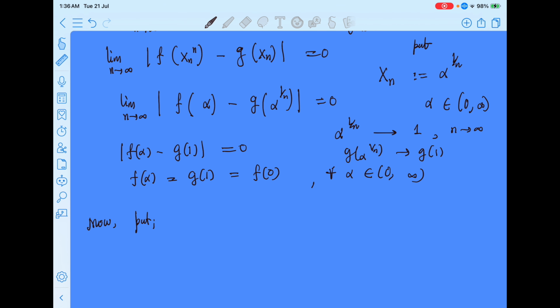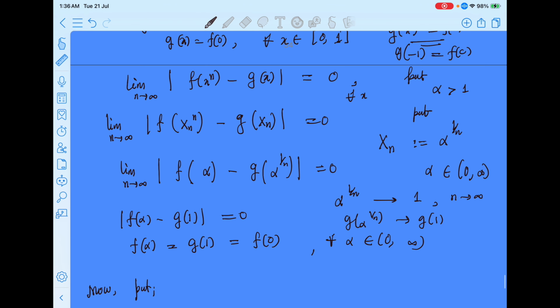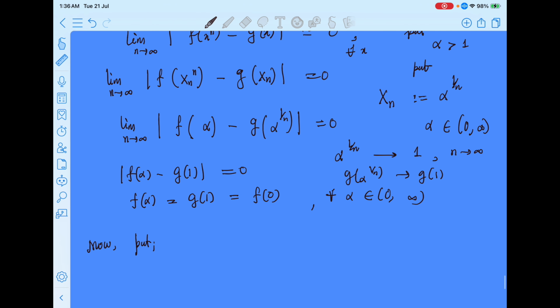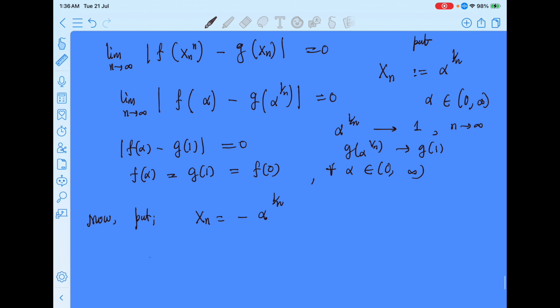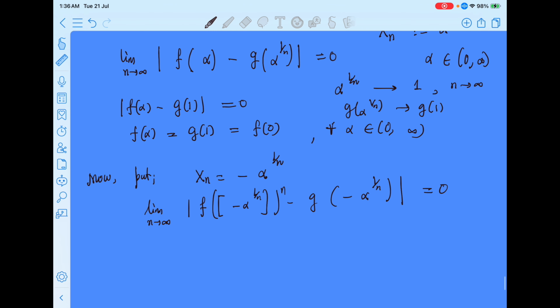Now pick an element. Let us just put x_n to be minus alpha power 1/n. Then the limit as n tends to infinity of f(-alpha^(1/n)) whole power n minus g(-alpha^(1/n)) has to be 0, right?